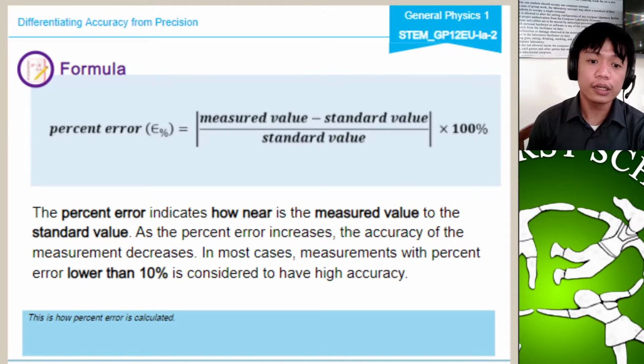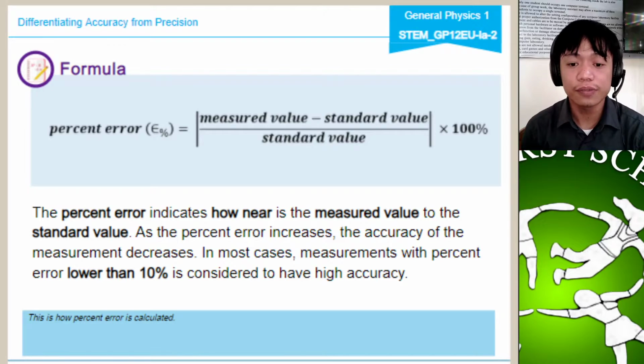So the percent error indicates how near is the measured value to the standard value. Basically, percent error is pertaining kung gaano kalapit yung resulta ng trials sa standard value.